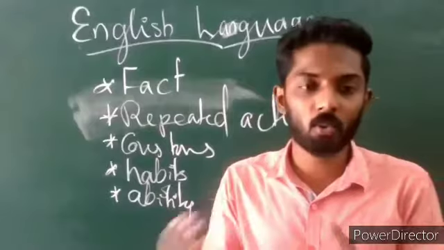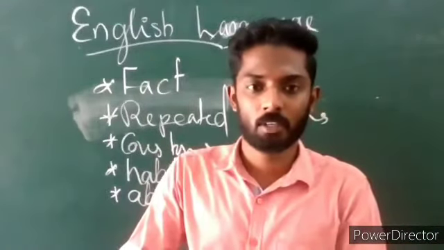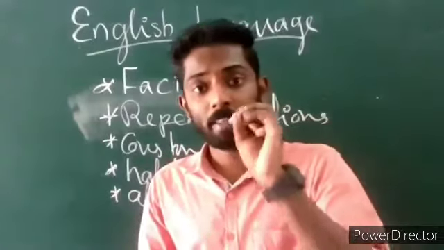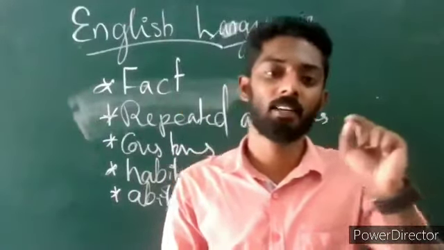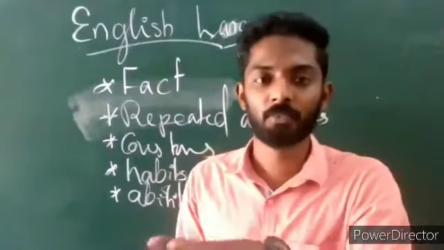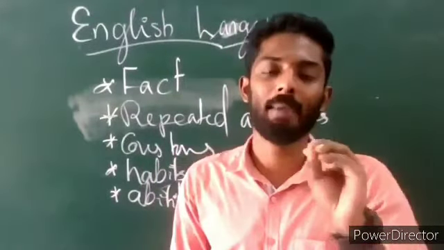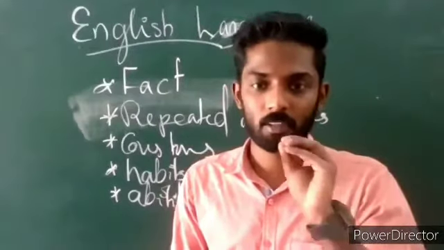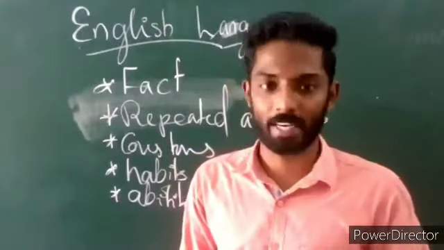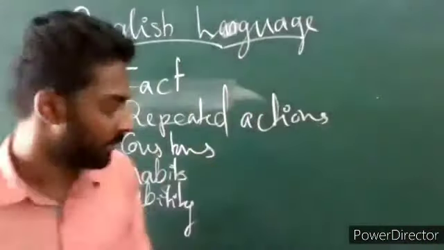With the help of a conditional sentence, we will be able to use simple present tense in order to speak about a future action. For example, if he comes tomorrow, we shall remind him. We cannot say "he comes tomorrow" alone, because that would be wrong. But with the help of if, in a sentence like if he comes, or if he goes tomorrow, we can use the simple present tense. So the last one is the future.